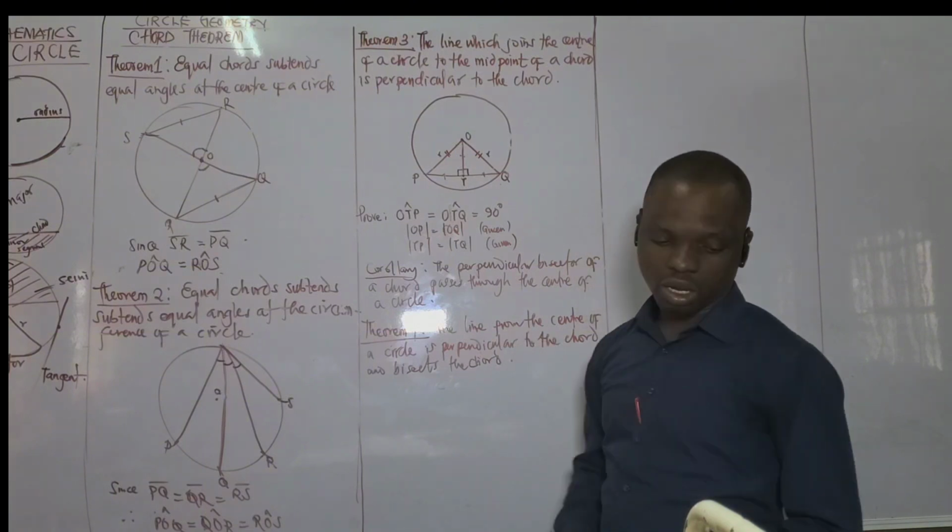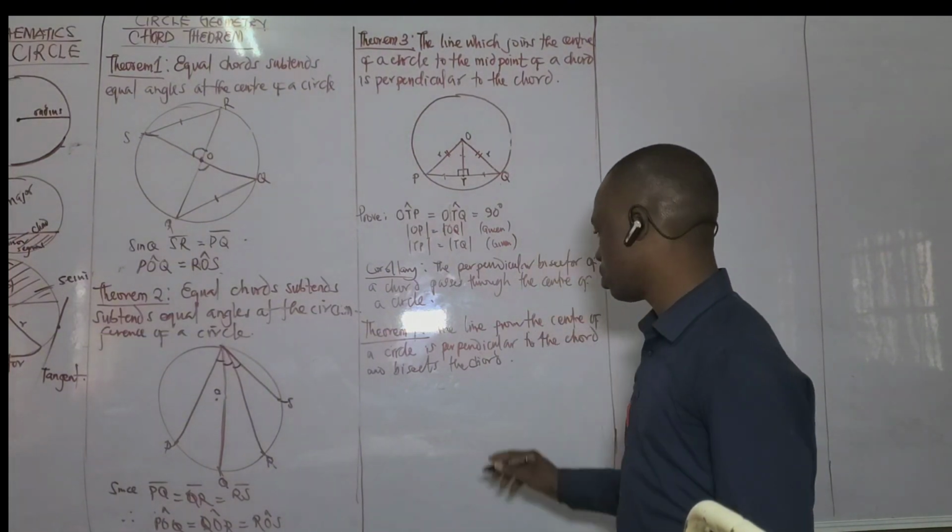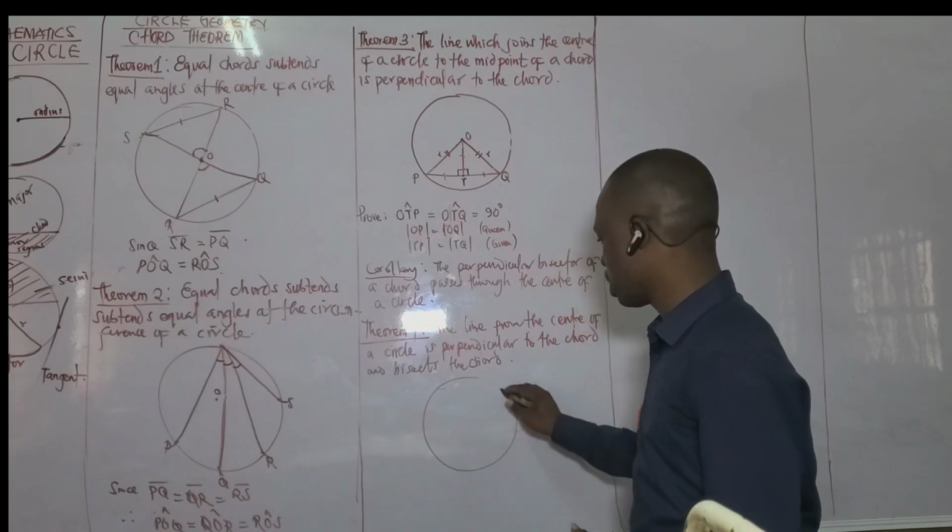The line from the center of a circle is perpendicular to the chord. So let's draw the diagram.